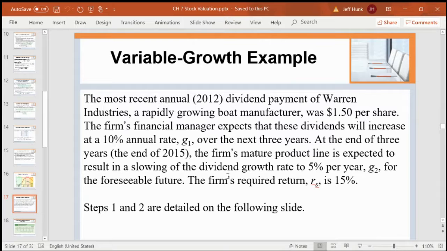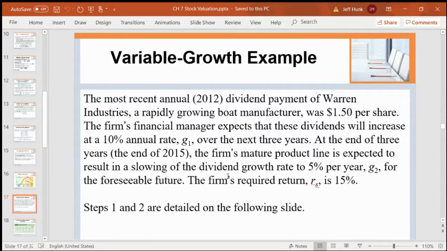But as far as forecasting is concerned, foreseeable future means as far as your forecasting ability goes, and beyond that there's no way you can make forecasts.